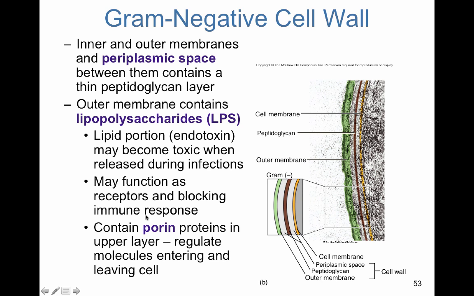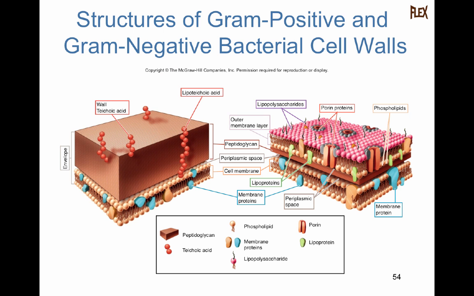Also, gram-negative cell walls may have porin proteins. So these function similar to ion channels that are regulating molecules entering and exiting cells. So great cartoon image for you guys here to pull up and study, the gram-positive cartoon of a cell wall and the gram-negative. And you should be able to label and point out the different parts.